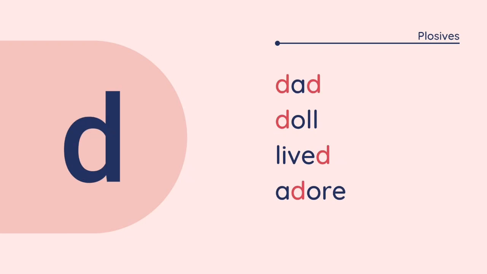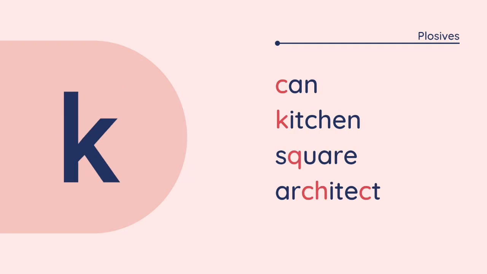Then we have d, as in dad, doll, lived, adore. We also have consonant k, as in can, kitchen, square, and architect.